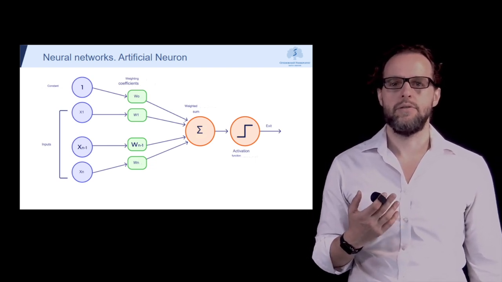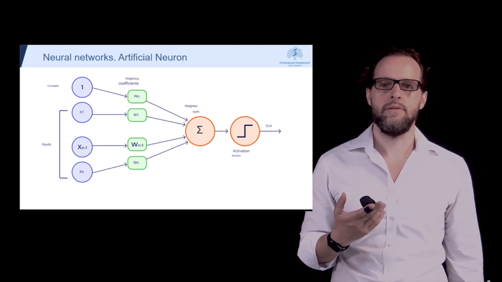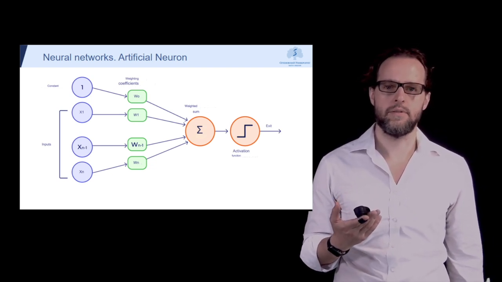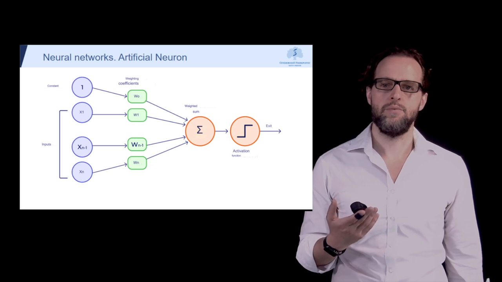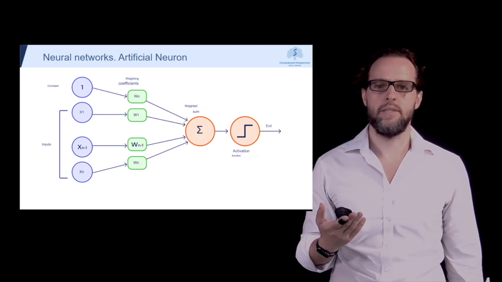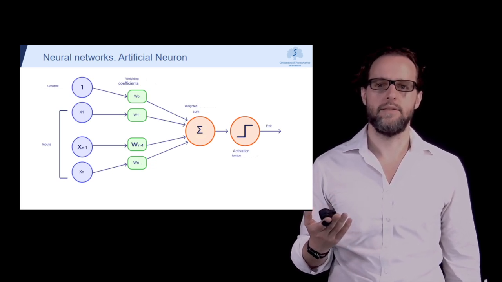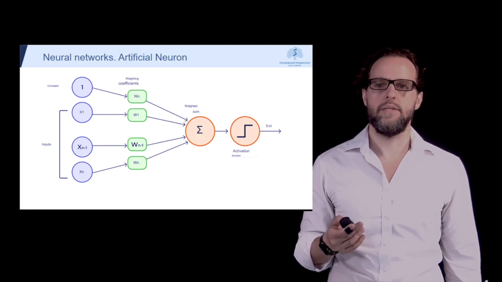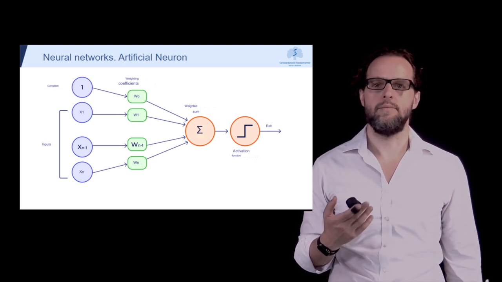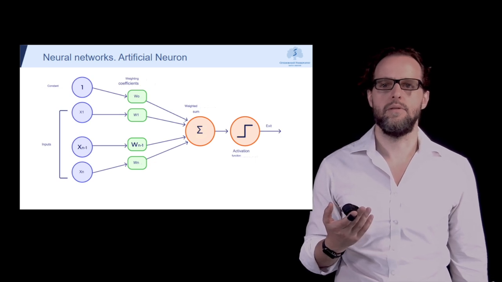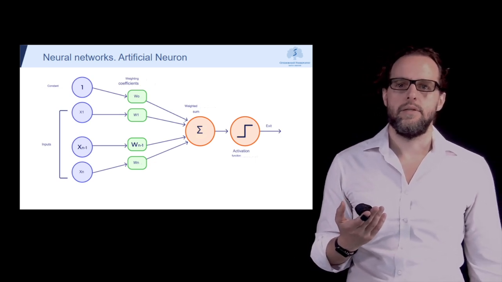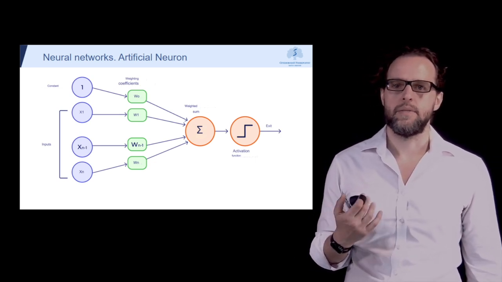Such artificial neurons are combined into networks. They connect the outputs of some neurons to the input of others. Artificial neurons and networks are the main elements of an ideal neural computer.